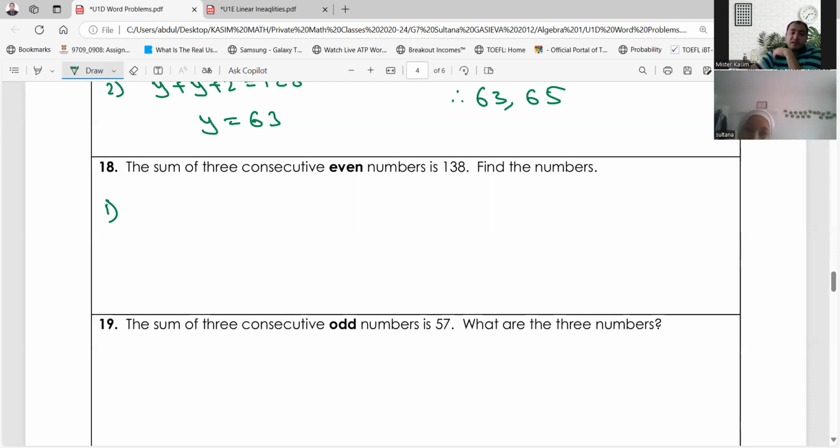Okay. So again, the sum of three consecutive even numbers, right? If the first number is n, the second one is n plus 2, and the next number is n plus 4. What is the answer? 68 and 70. No, it is wrong. Sultana is saying that it's three consecutive even numbers, right?